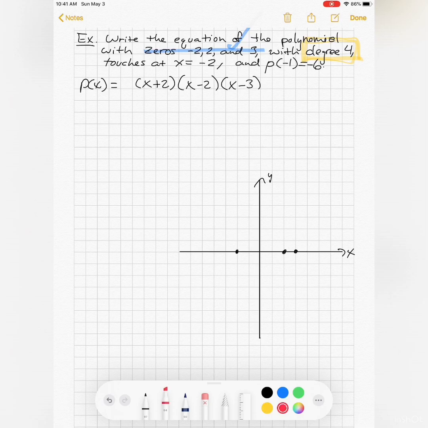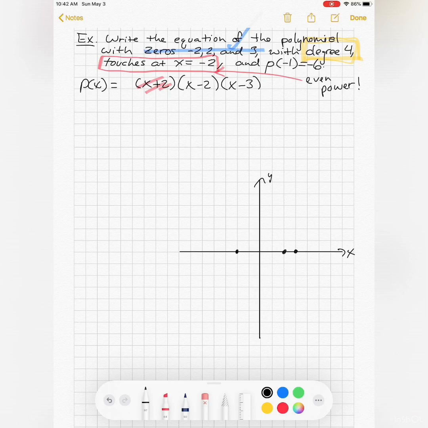Let's see what else it says. It says touches at x equals -2. So remember, if the graph touches, it must have an even multiplicity, an even power on the corresponding factor. So that means the factor x plus 2 has to have an even power.